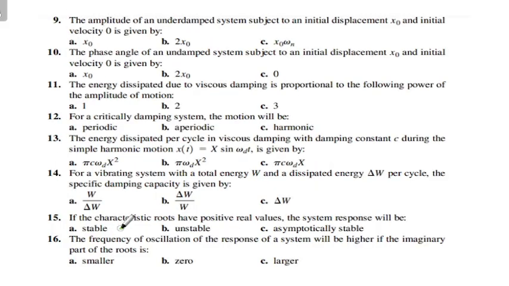So the next MCQ is the amplitude of an undamped system subjected to an initial displacement x0 and an initial velocity 0 is given by. So here the correct option is option A. It will be equal to x0.